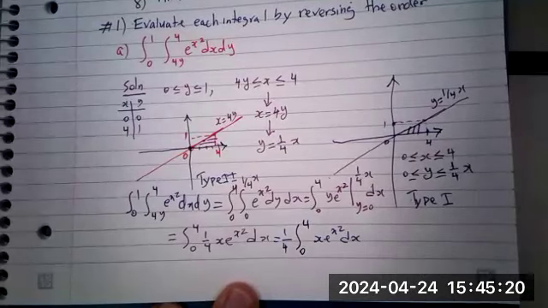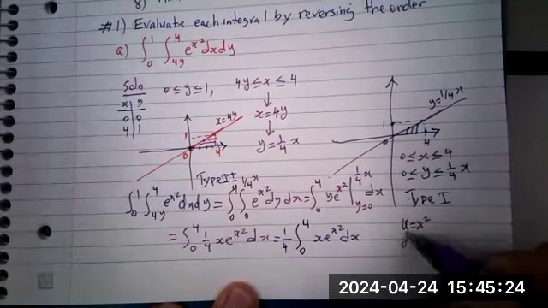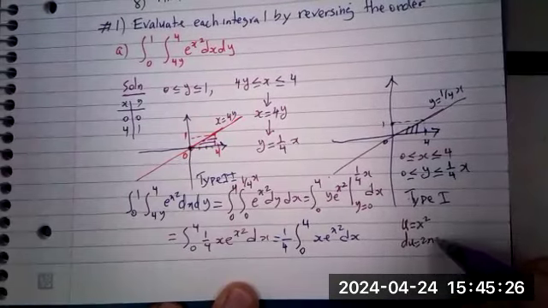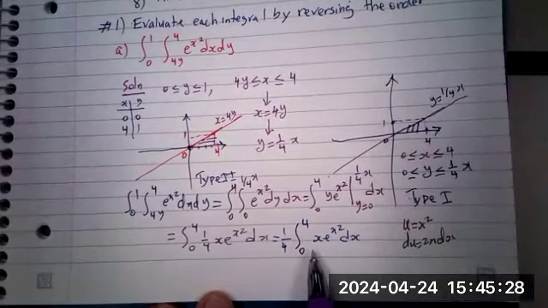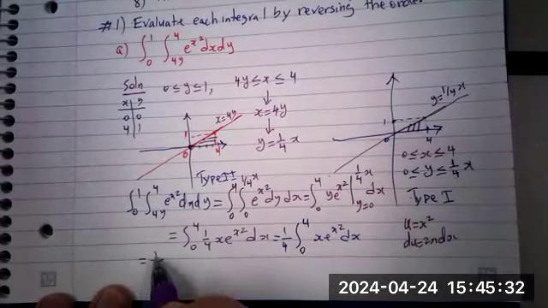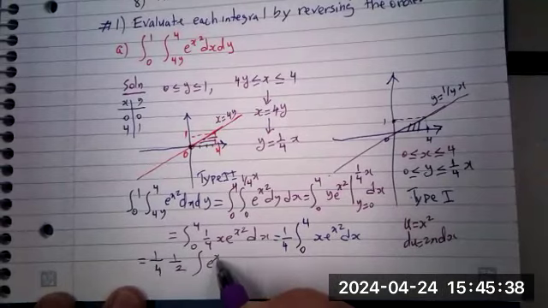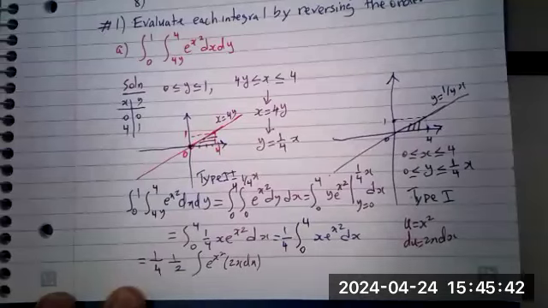If you take u to be x squared, then du would be 2x dx. I just divide by 2 and multiply inside by 2, so that gives me e to the x squared times 2x dx. So I created the u and du.